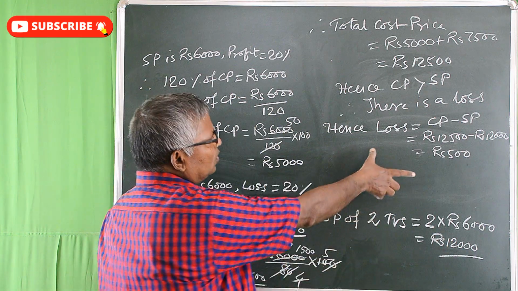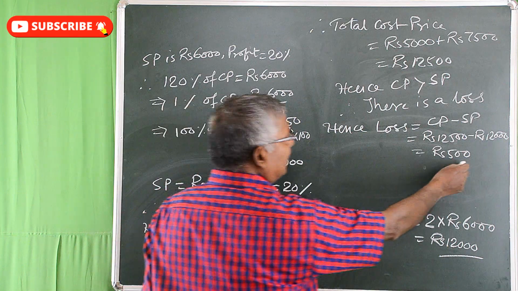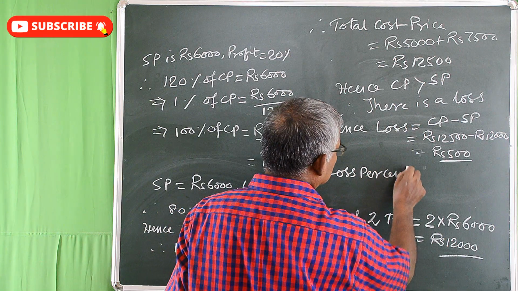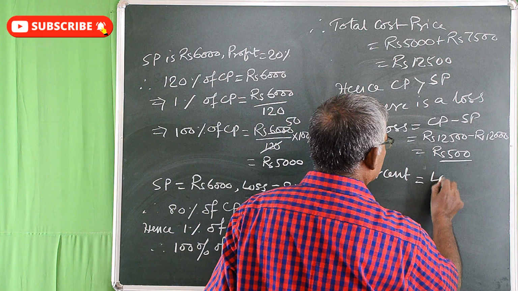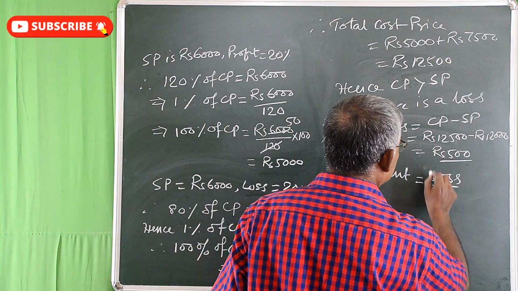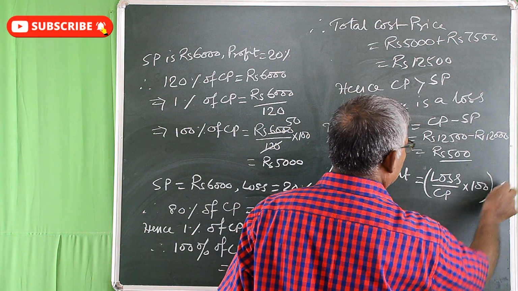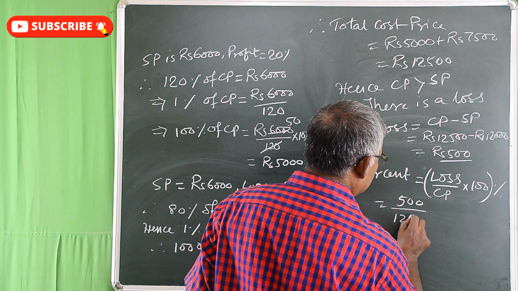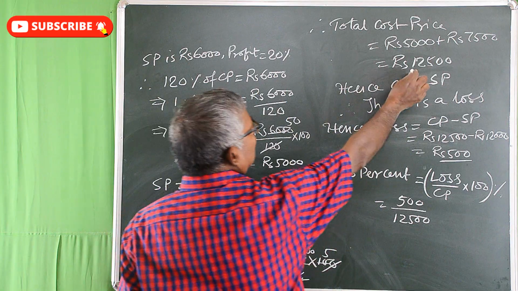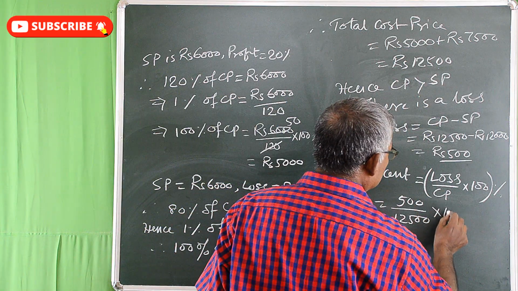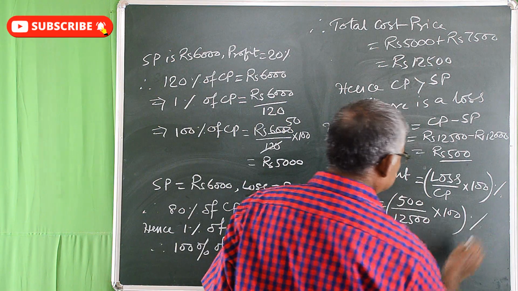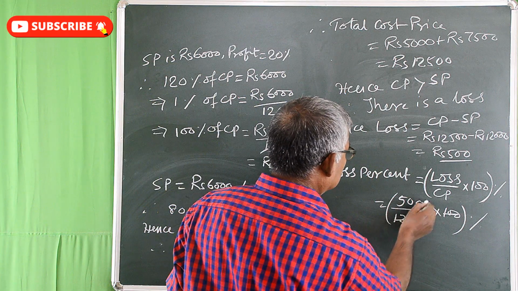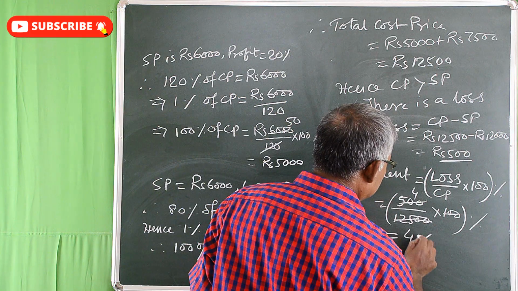So, the total loss for the whole transaction is rupees 500 and loss percent equal to loss by cost price into 100%, that is 500 by 12,500, total cost price is 12,500, into 100%, that is 4%.